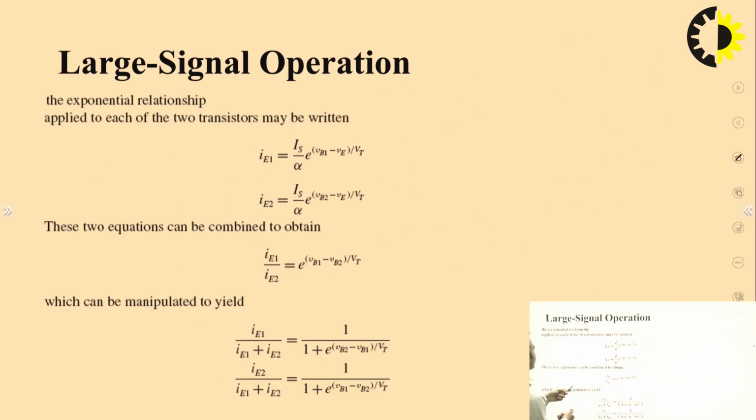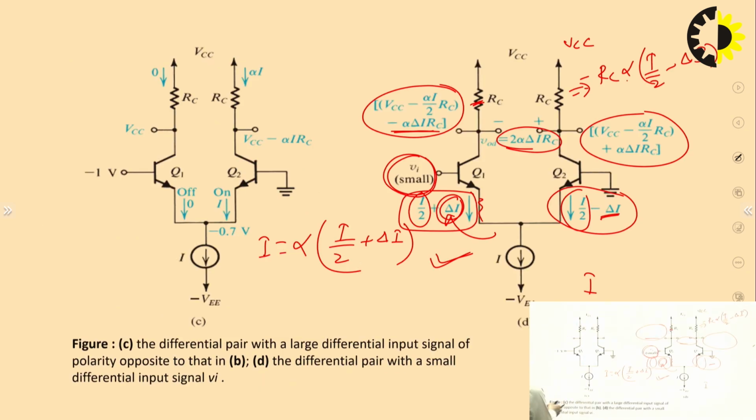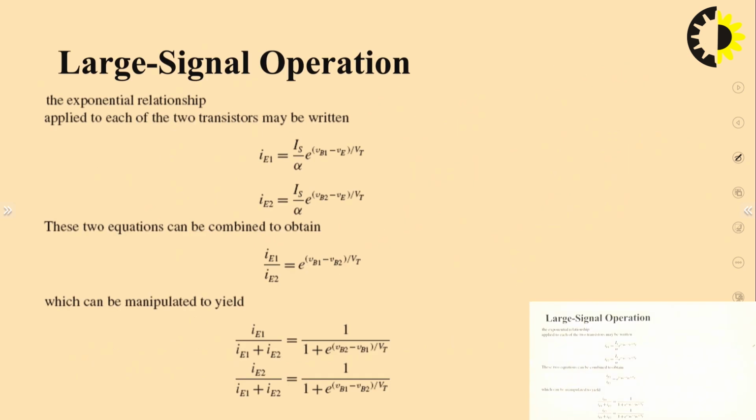Let us, for example, this is the VB1, this is VBE. These are the standard equations which are applied for the transistors. Similarly, IE will be equal to IS upon alpha e to the power VB2 minus VE upon VT.